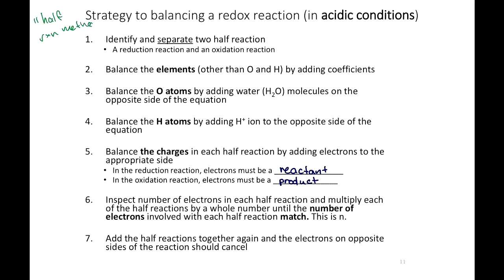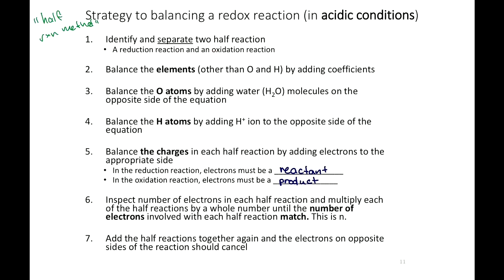It's because we separate the reactions into their half reactions. So once you've identified oxidation numbers of everything, you want to identify what's being oxidized, what's being reduced, and build 2 different half reactions. So identify, separate those 2 half reactions.